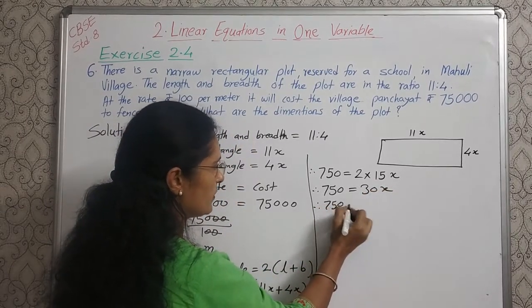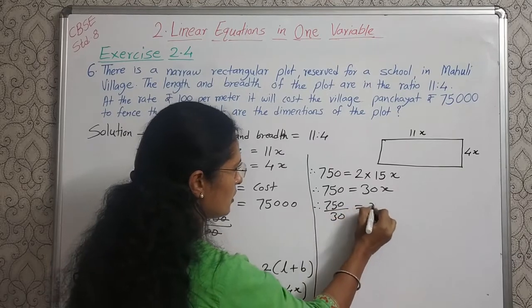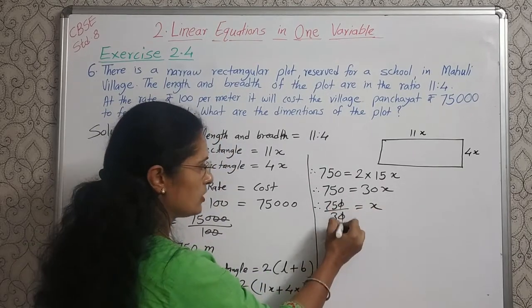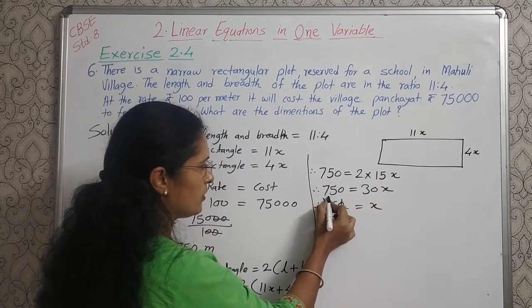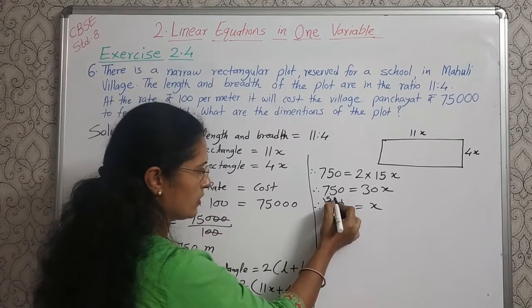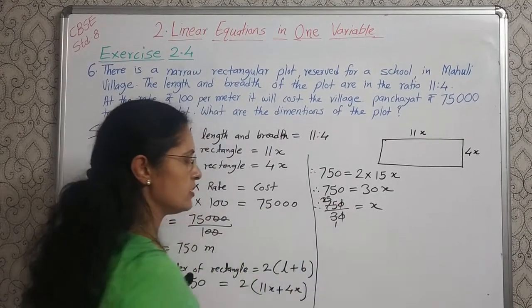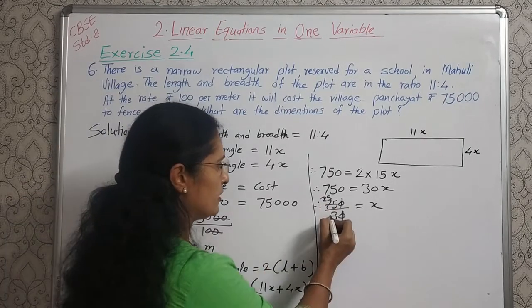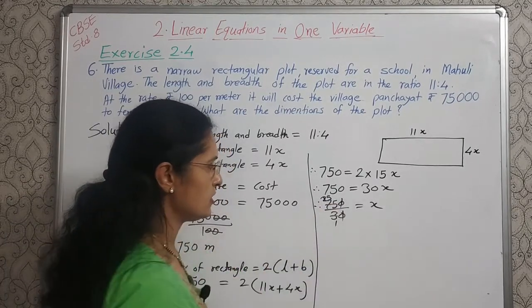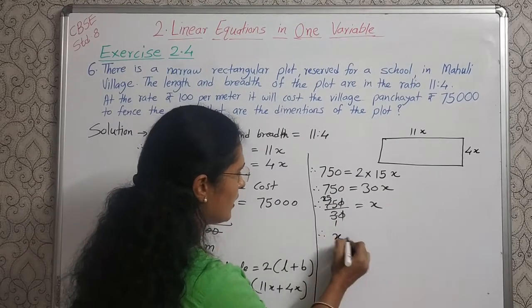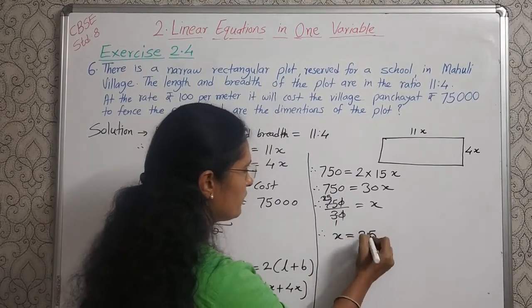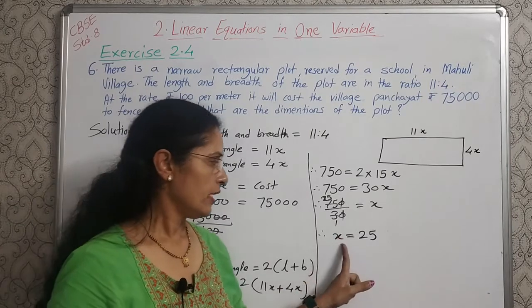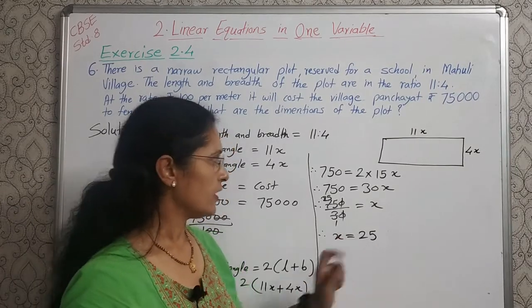So 750 by 30 is equal to x. Now solve this. 3 ones are 3, 3 fives are 15, 3 twenty-fives are 75. So cancel this 75, and it means x is equal to 25. We got x value 25.